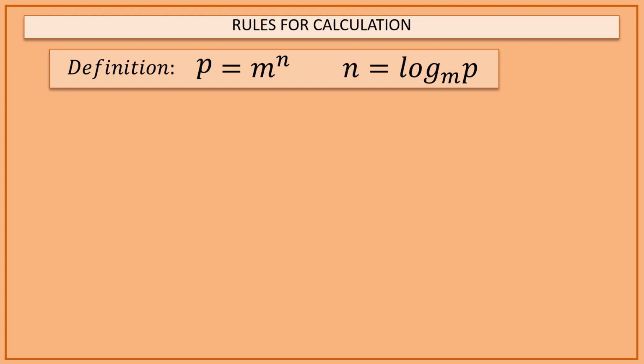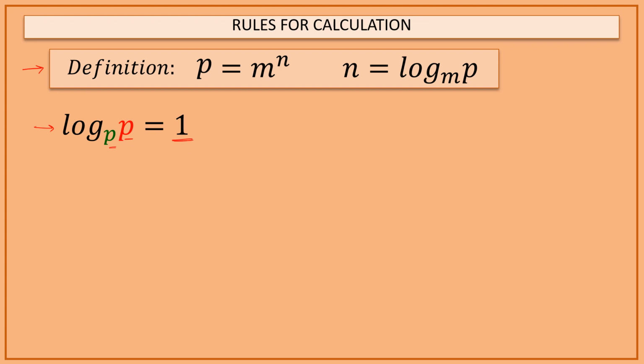Let us now get familiar with the rules for calculations in logarithmic scale, and we will keep the definition of logarithm for our reference in order to understand these rules. So the first rule says that logarithm of any number p to the base p will result in the value 1.